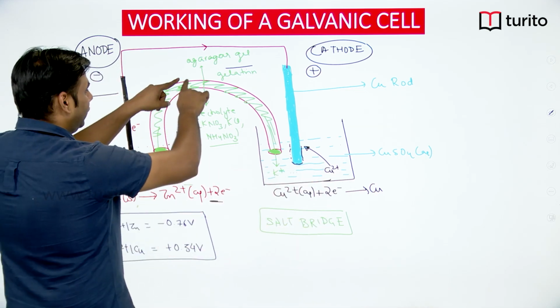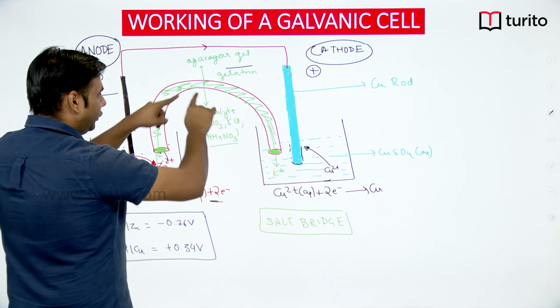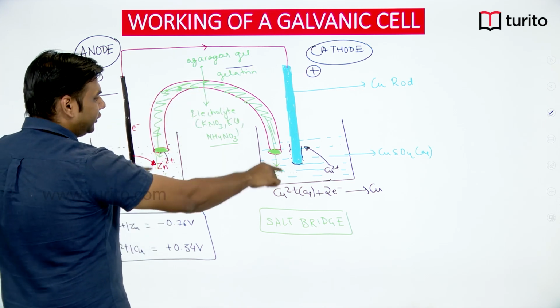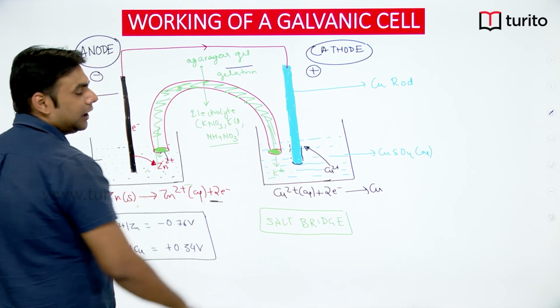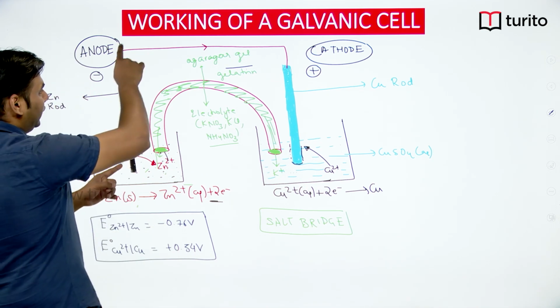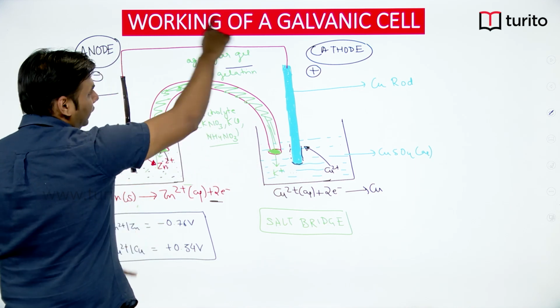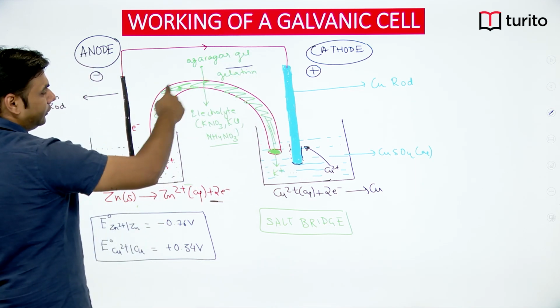The cation and anions moving also constitutes the flow of charge. So we'll say that both cathodic and anodic halves are neutralized. Again the oxidation starts, so again the electron moves, reduction again starts, and due to the pumping of the ions, the internal circuit is also complete.